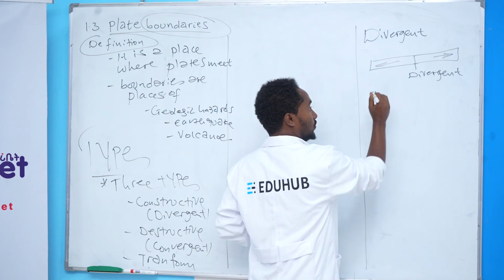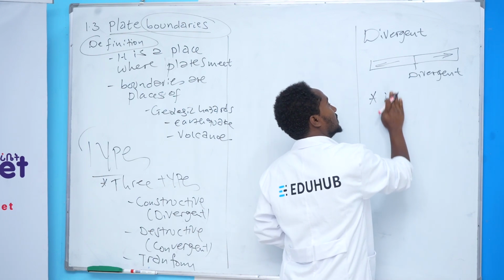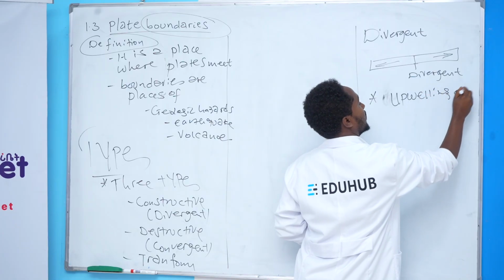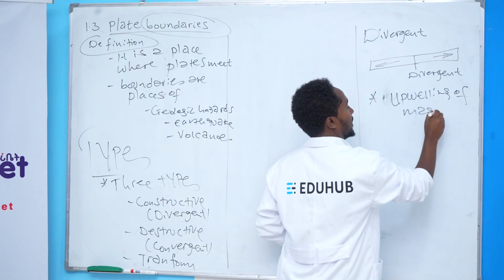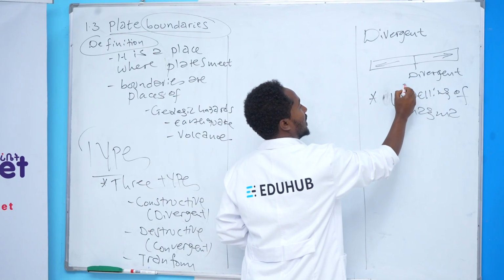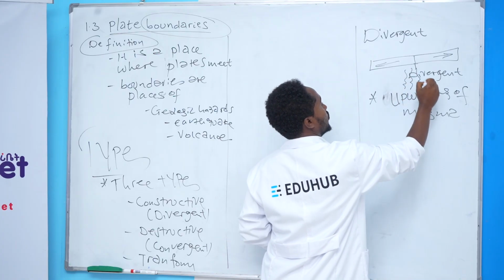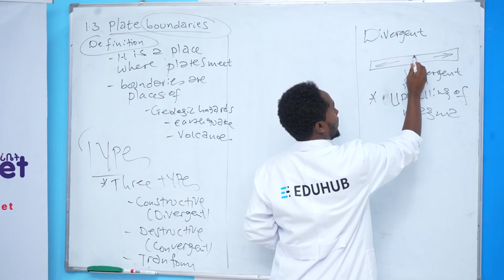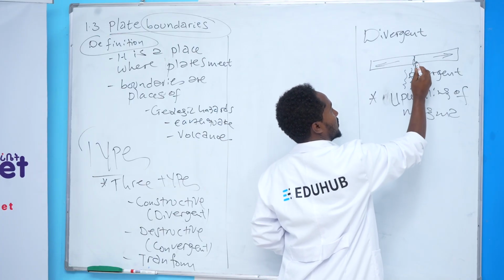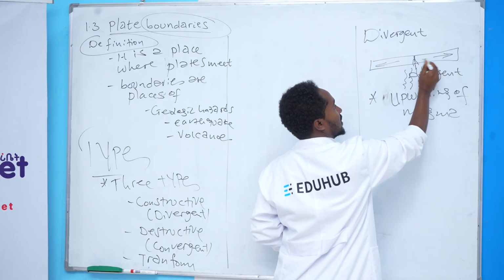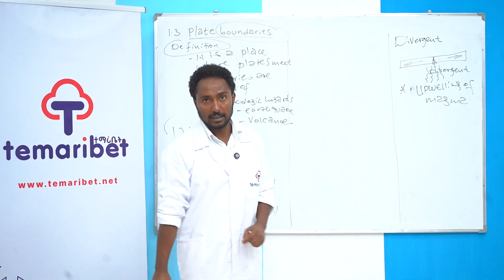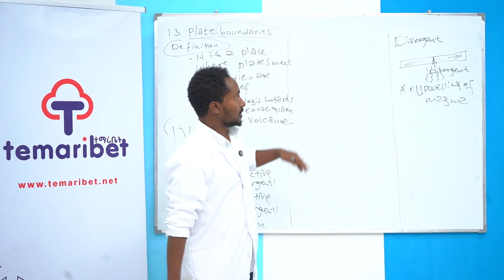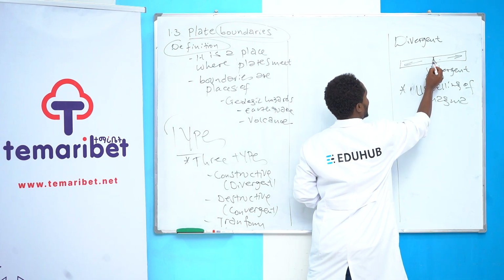It is due to the upwelling of magma. When magma rises to the surface, it is struggling to erupt. In the process of struggling to erupt, these plates are forced to move apart. Therefore, such a type of boundary is called a divergent plate boundary.